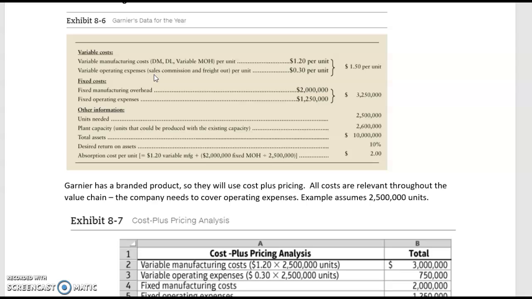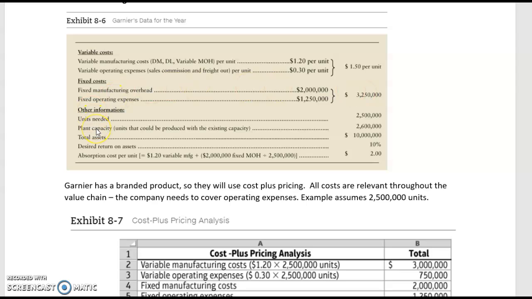For this analysis, we put operating expense in also, so that would be sales commission and freight out at 30 cents per unit. My total variable costs that I have to cover are $1.50 per unit. Now fixed costs: fixed manufacturing overhead, again that's a product cost, $2 million, plus operating expenses. These are also costs that we have to cover, $1,250,000. So total fixed costs are $3,250,000.